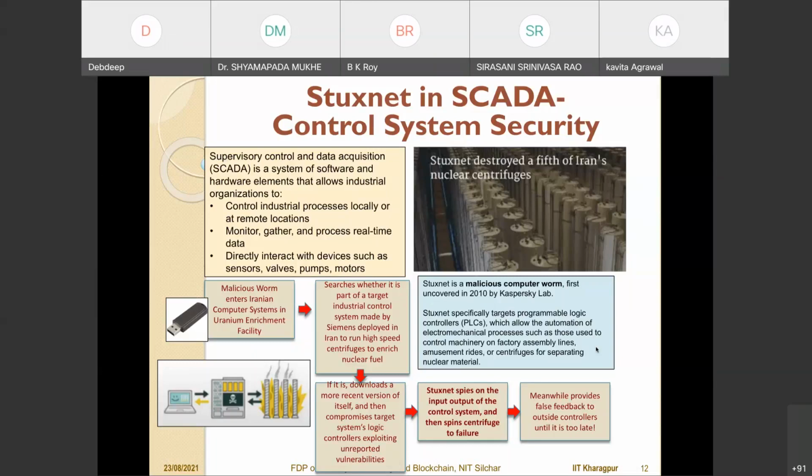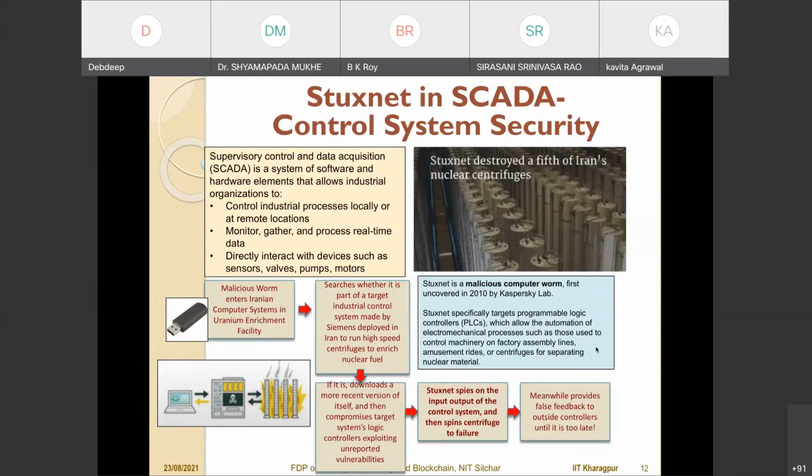Then it tries to compromise the target's logic controllers, and it starts to inject small perturbations to the internal state, ensuring that the online detectors present in the cyber physical systems of these nuclear power stations are not able to detect the small variations in the system state.